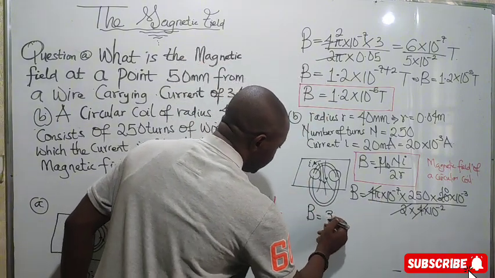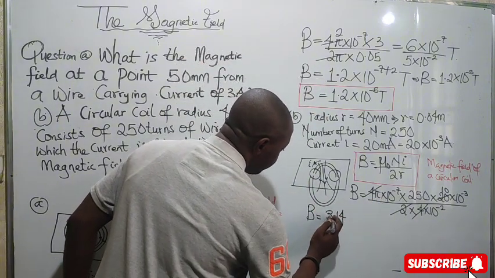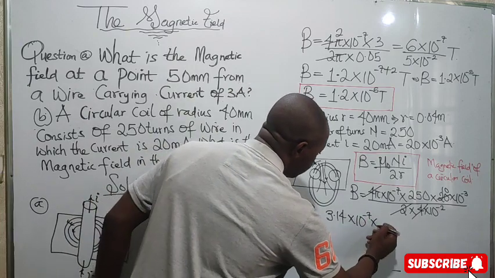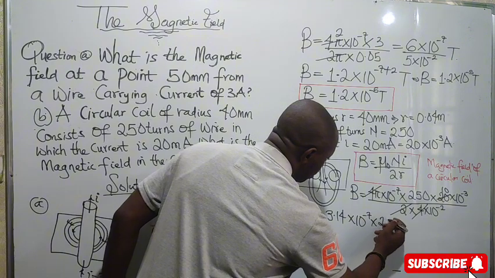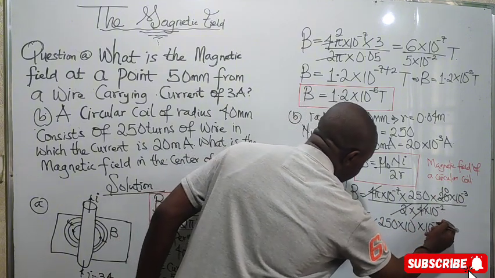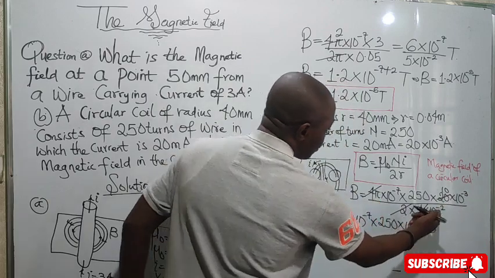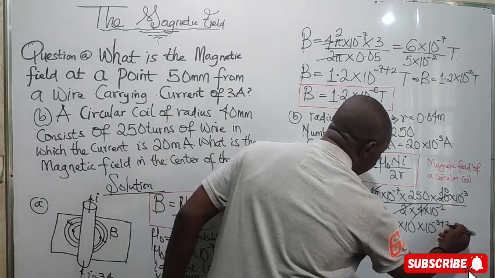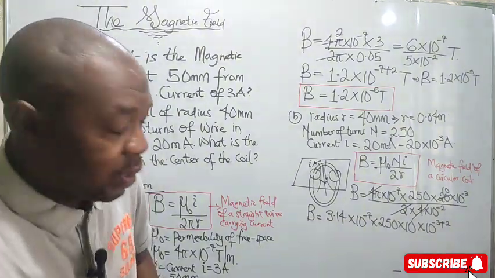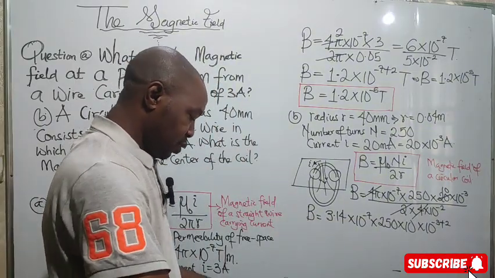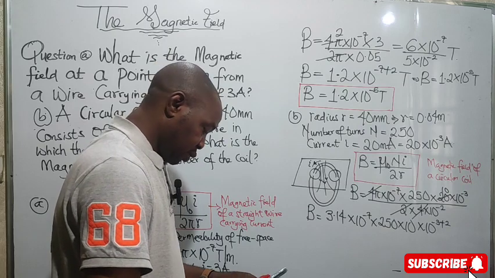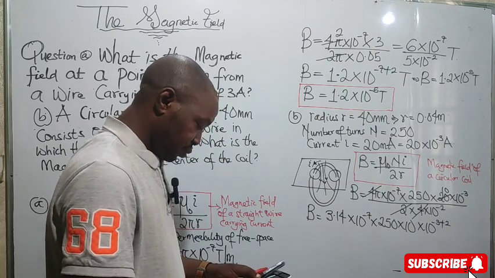We know that pi is 3.14. So we have 3.14 times 10 raised to the power of minus 7 multiplied by 250 times this 10 multiplied by 10 raised to the power of minus 3. Let's make this come here, so it becomes plus 2. Now what is 3.14 multiplied by 250?